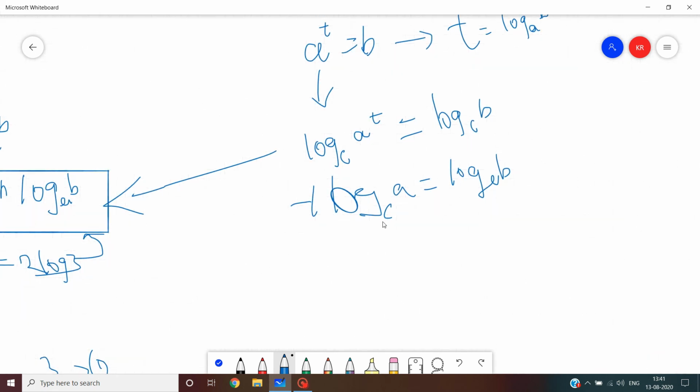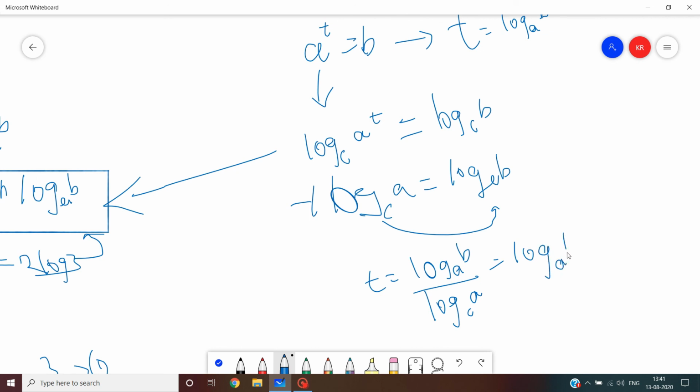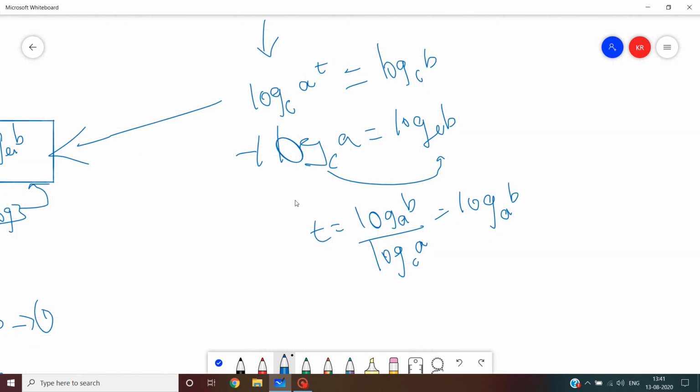And see here, I am taking the opposite side. So t is equal to log base c of b divided by log base c of a. So we have here t is equal to log base a of b. Okay, this is the result.